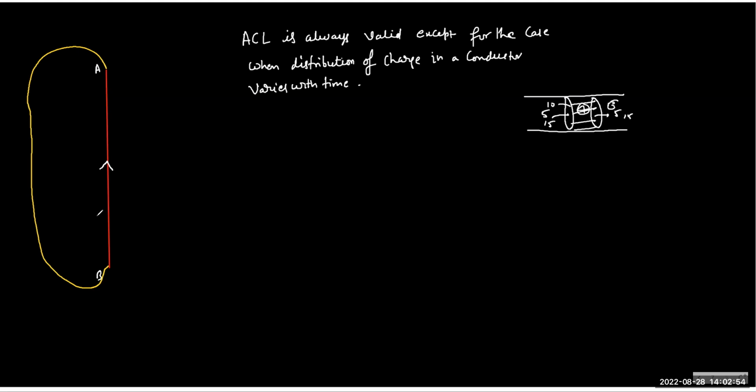So if that is the case, and if I choose a point pretty much here, which is on the angle bisector, D is the distance, I is the current, and the angle subtended by the ends of the wire is called alpha.